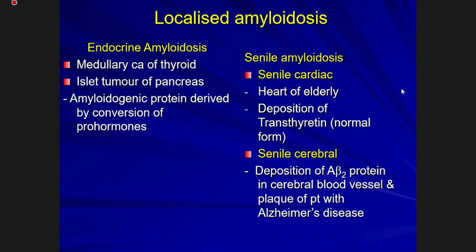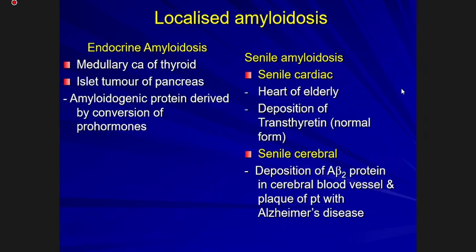It is in the table under systemic because it is also deposited in other tissues, but mainly it is deposited in the cardiac tissue of the elderly. You can put it under either localized or systemic; it doesn't matter as long as you know that systemic senile amyloidosis is the same.